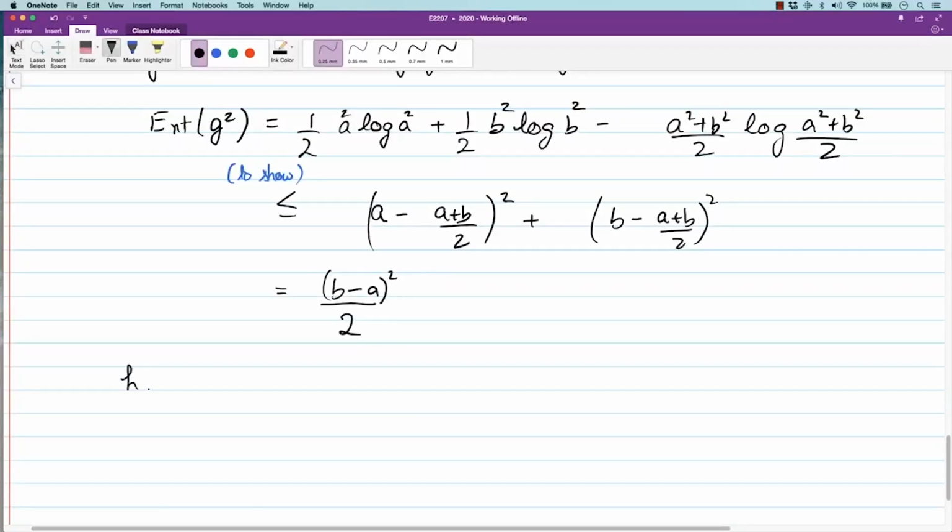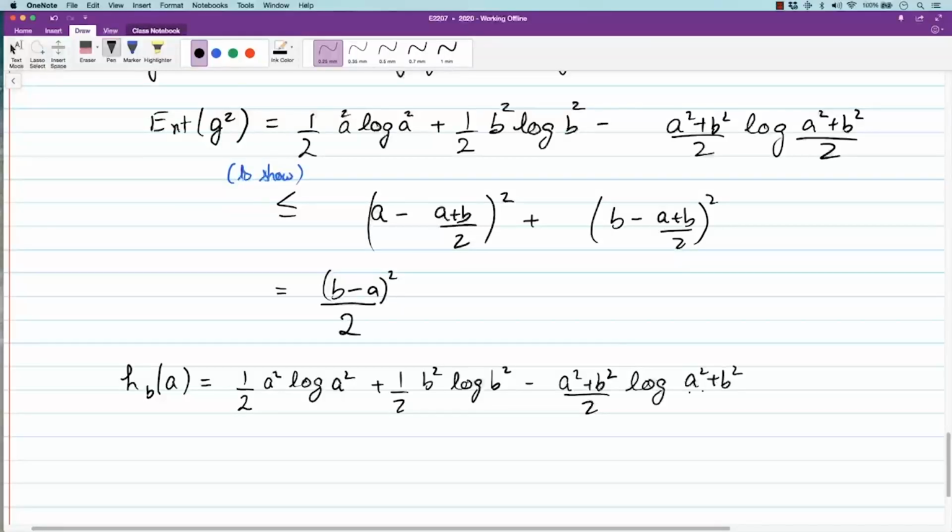So what we have to show is that this function h_b of a, which is given by say half a square log a square, I'm thinking of it as a function of a for a fixed b, minus half b square log b square minus a square plus b square by 2 log of a square plus b square by 2, and minus b minus a square.